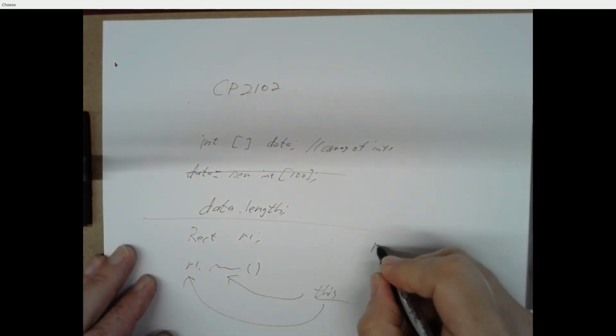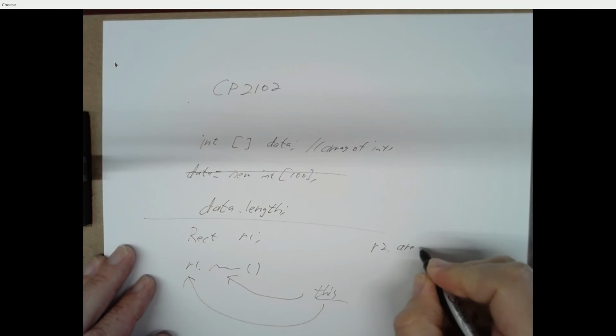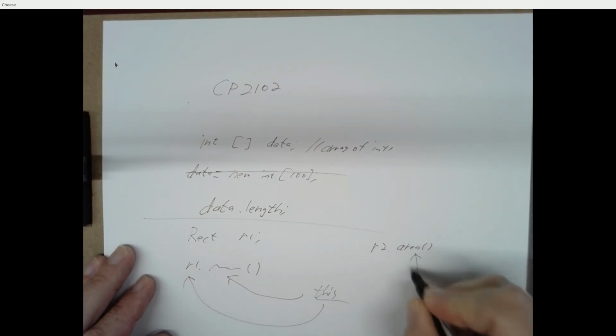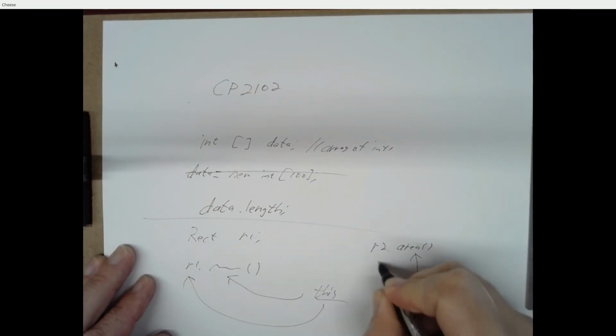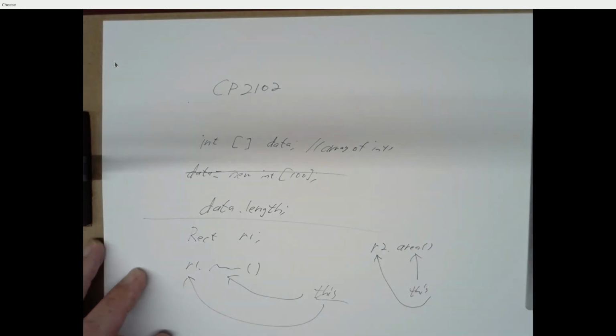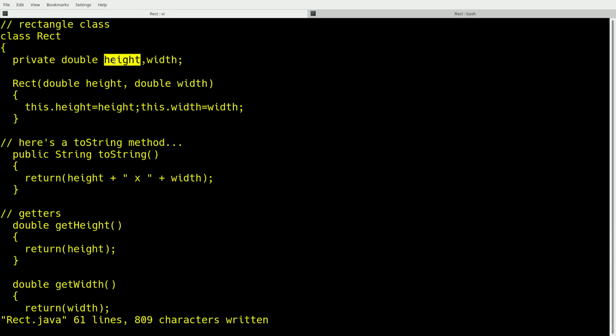If I have another rectangle R2 and I say R2 dot area, inside this method, this refers to R2. It refers to whatever object it's currently called on. It's hard to talk about self.